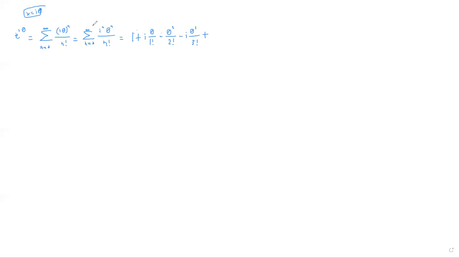Now n is equal to 4, so i to the power of 4 is 1, theta to the power of 4 over 4 factorial. Let's do one more. Plus i to the power of 5 is just i, theta to the 5 over 5 factorial. And let's just do plus ... Okay, now we have it written like this.